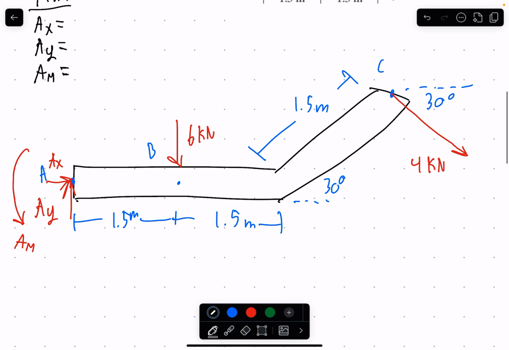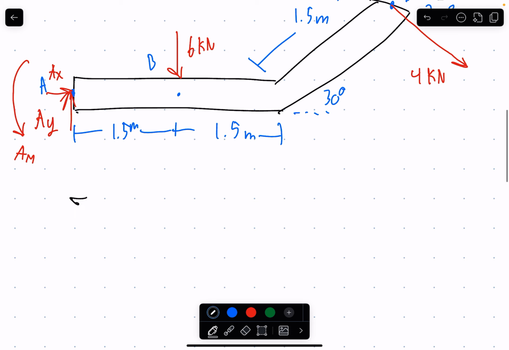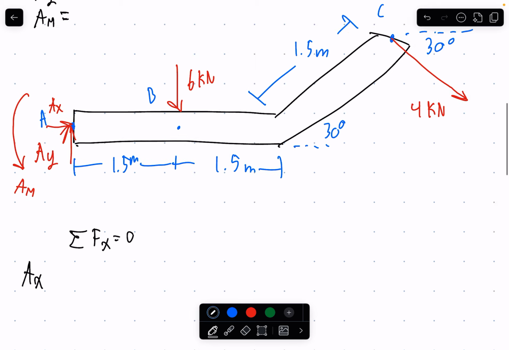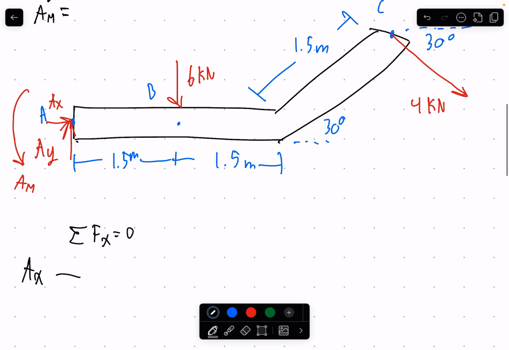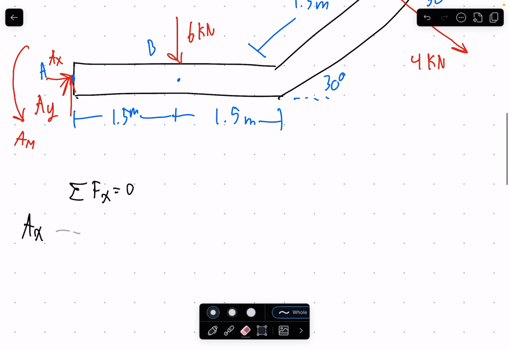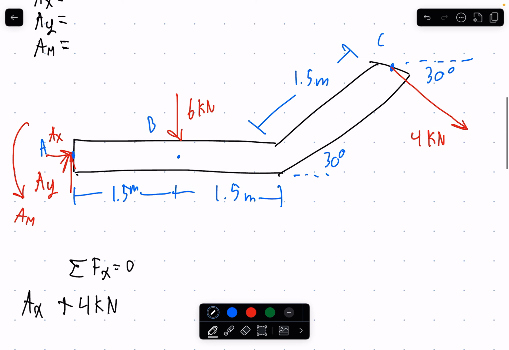Let's start with the sum of forces in the X. Set it equal to 0 because this beam's at rest, it's not accelerating in any direction. Going from left to right, we have the reaction AX, and we have the 4 kilonewton point load over here.